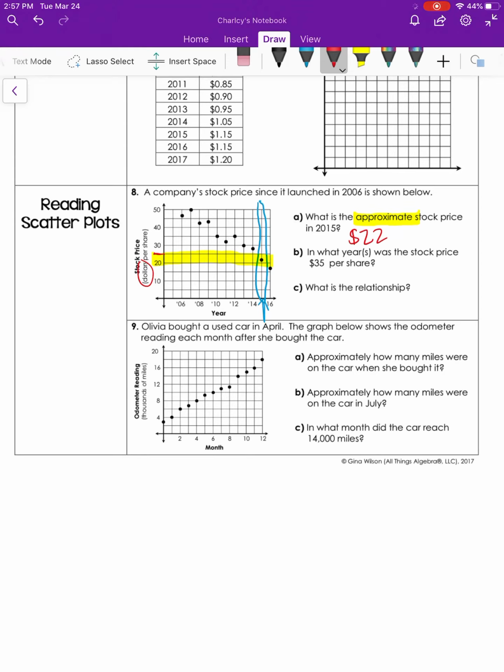Now let's go to B. So B says, in what year was the stock price $35 per share? So this time, they're wanting us to start with the y-axis because they're starting with dollars. So let's go to that y-axis and notice that $35 is going to be between 30 and 40 here. All right.